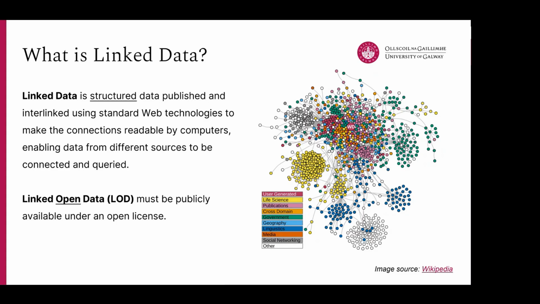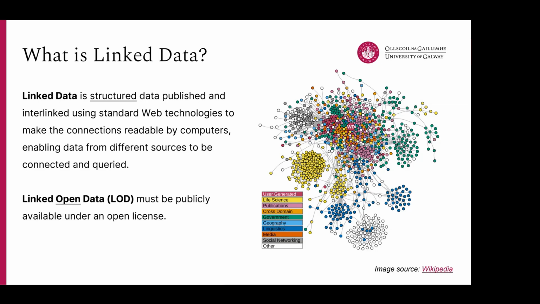It is using the standard web technologies, and it is aimed at computers in the first place rather than humans, right? So it is by definition machine readable structured data that links different items together. Linked data by definition is not open, but you will hear people speaking about linked open data. To be open, it must be publicly available under an open license, as anything open source, right?